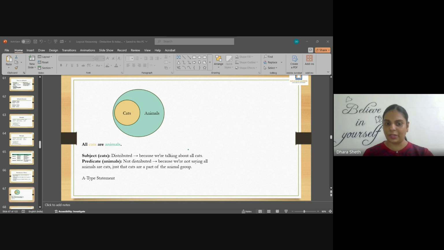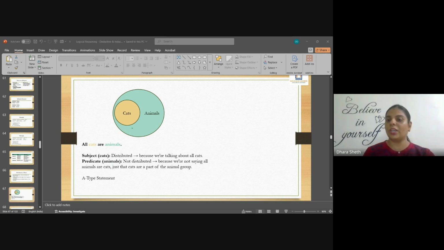In the statement, all cats are animals, we are talking about each and every cat. That is why it is distributed, because we are talking about all the cats.